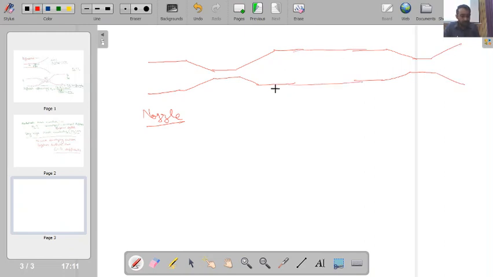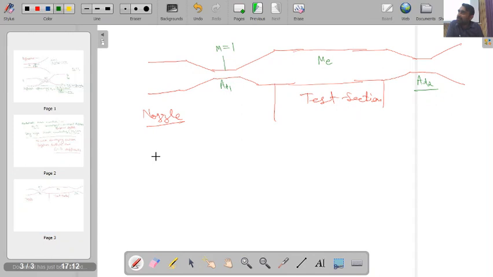In between these two is our test section. At the test section my Mach number is M exit, and say this is my first throat having area A1, and this is my second throat having area A2. It is also desired that at this throat my Mach number will be equal to 1, I will have sonic condition, and at this throat also my Mach number has to be equal to 1.